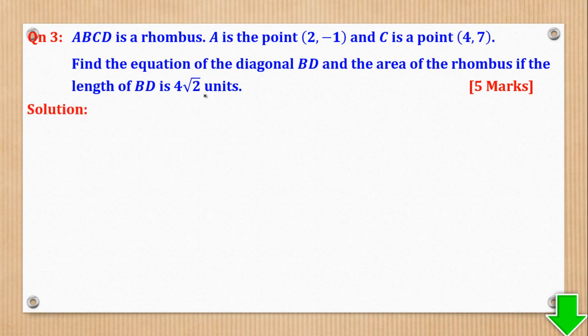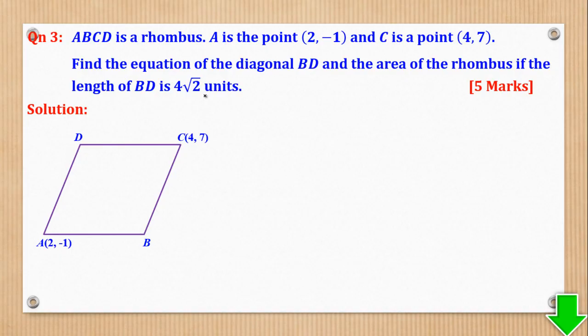So there we need to make a sketch of the rhombus. Then you show the diagonals AC and BD. The diagonals make an angle of 90. Now they told us the length of BD is 4√2, meaning that it divides into 2. That's why you see here 2√2, 2√2.